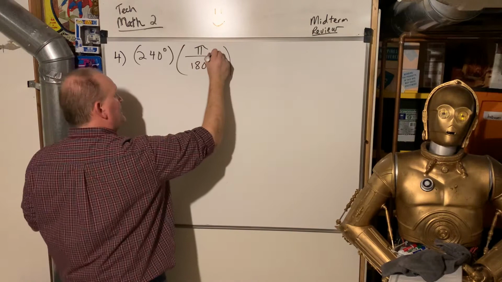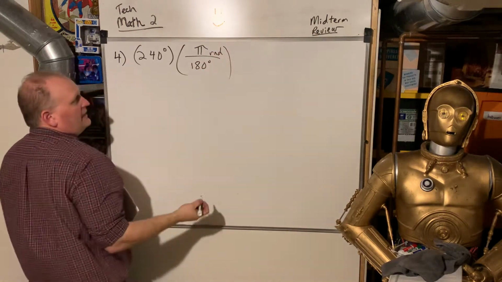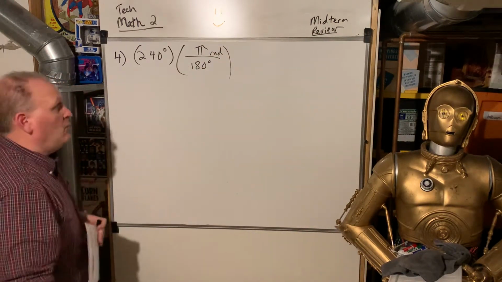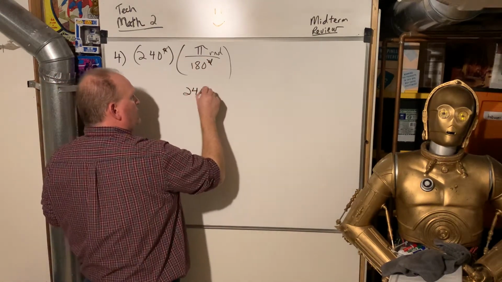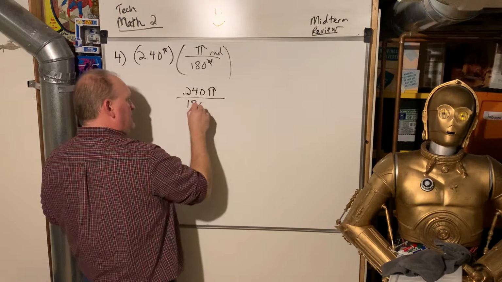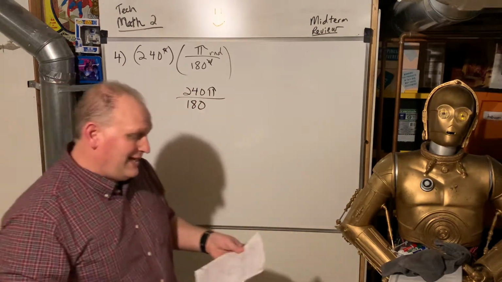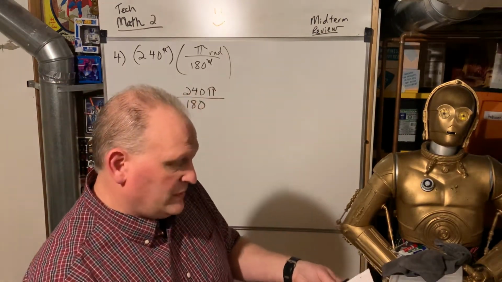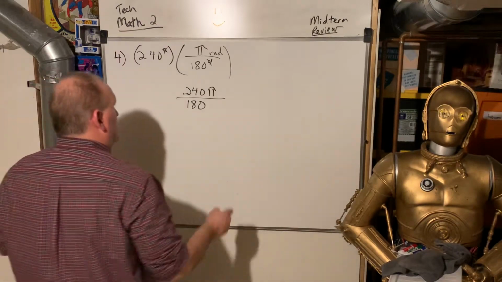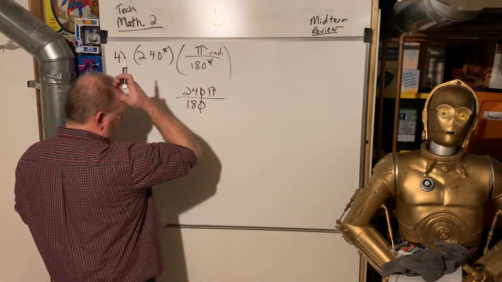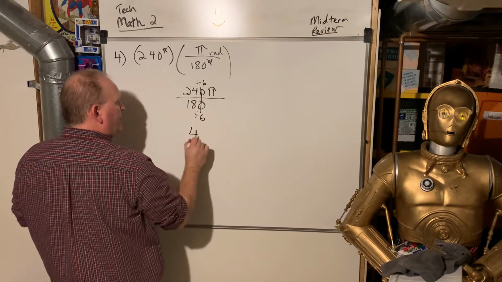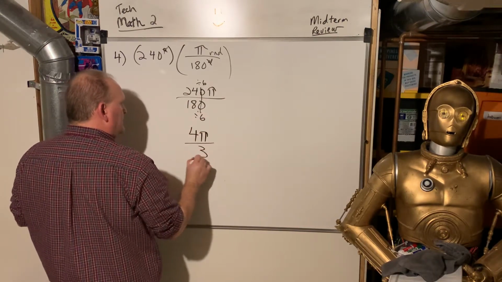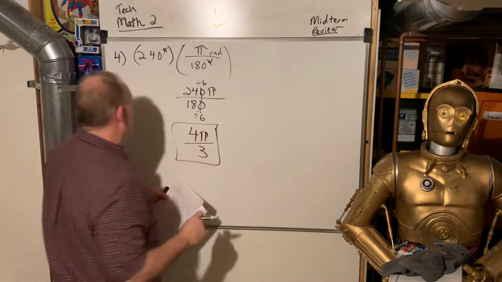Remember, pi radians is equivalent to 180 degrees, so I'm essentially multiplying it by 1. These degrees cancel, so I have 240 pi over 180. And then they want it in terms of pi, so I'll just reduce that down. The zeros cancel, and then I can divide by 6 and get 4 pi over 3. Okay, lovely.